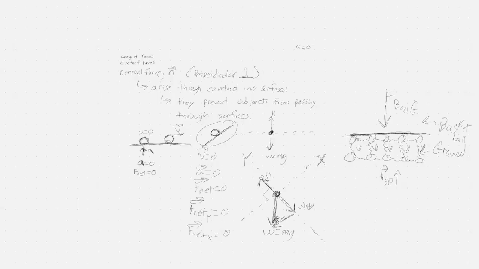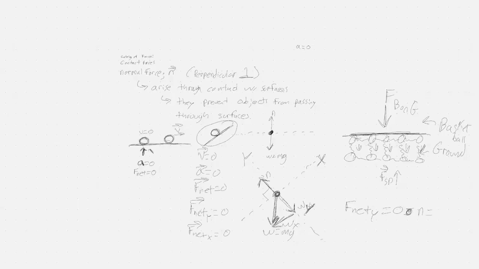What I would immediately see is that, yeah, sure, F net y could equal 0. That would happen if the size of the normal force was equal to the y component of weight.